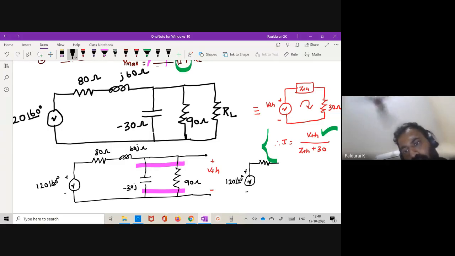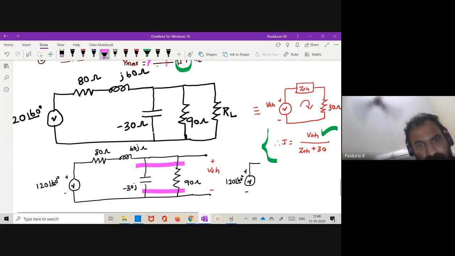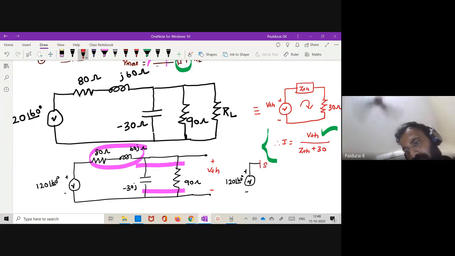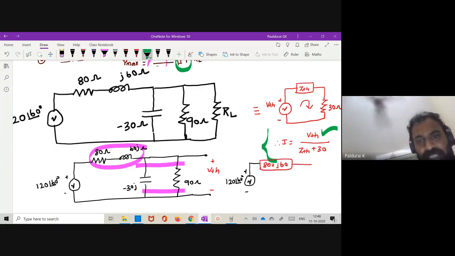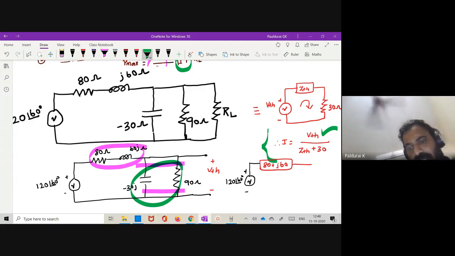Now what about this? How these two are connected? Can I write 80 plus J60? After that, how these two are connected in parallel? So 90 and minus 30J are connected in parallel. The equivalent, I think, is 9 minus 27J, correct?